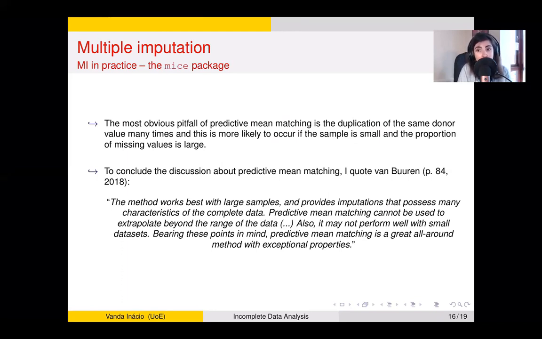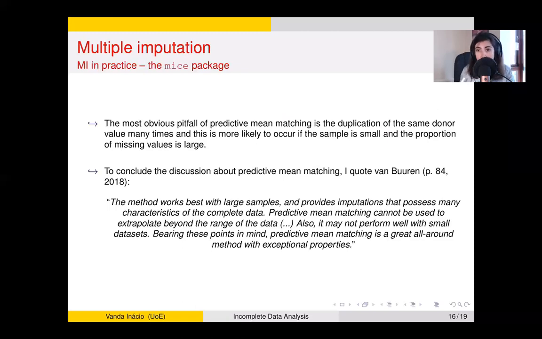In some ways, it is good because we do not fall in the case where, for instance, we are imputing negative values for a variable that needs to be positive, but it is also somewhat weird that we cannot impute a value that was not observed in our data set. And it also says that it may not perform well with small data sets. And having these points in mind, predictive mean matching is a great all-around method with good properties.